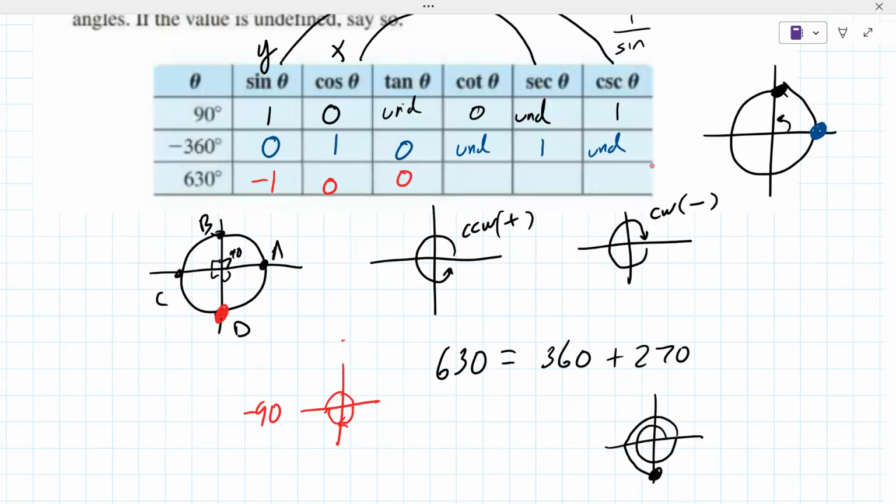Cotangent would be undefined. So tell me about tangent. How is tangent 0? Because tangent is sine over cos, and -1 over 0 is undefined. You cannot divide by 0. Oh yeah, my bad. Sorry.